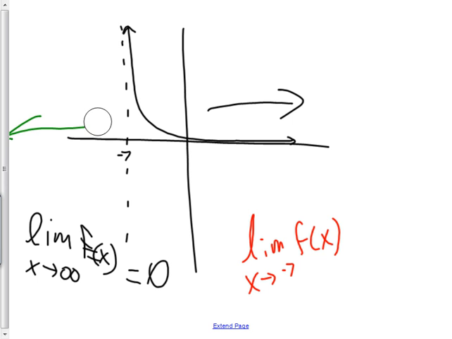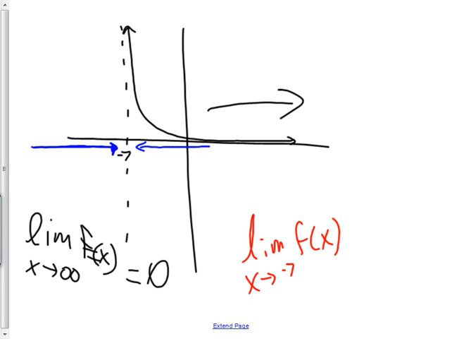But do you agree that I could approach negative 7 from either this side or from this side? So they have to tell you which one they want. Approaching from this side means nonsense because there's nothing over there. It's undefined.